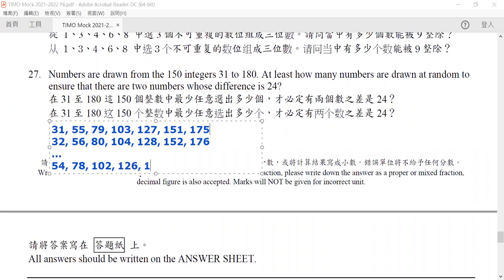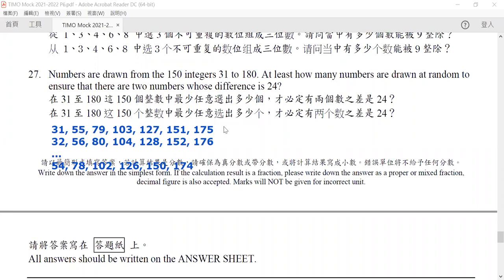126, 150, and 174. Now in here, you can see that every time you see "at least," you are thinking about the principle of the worst case scenario, okay? You're thinking about the worst case.